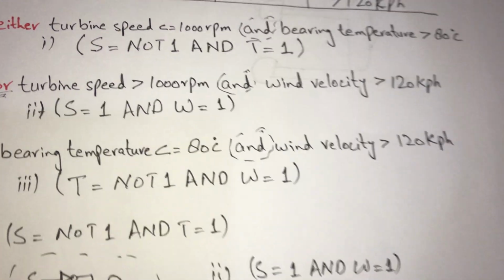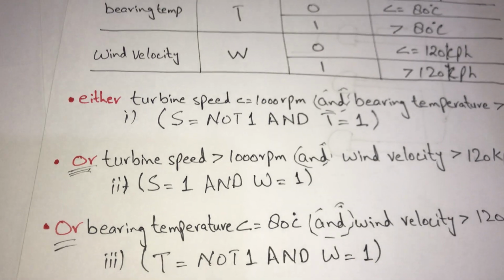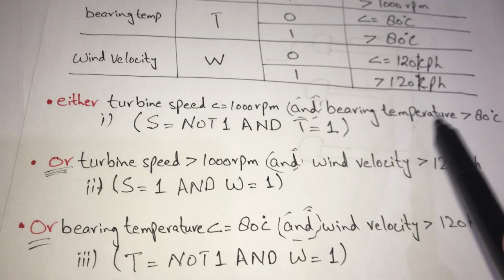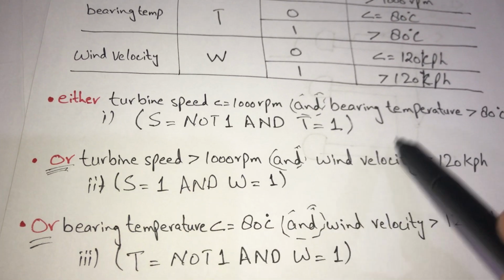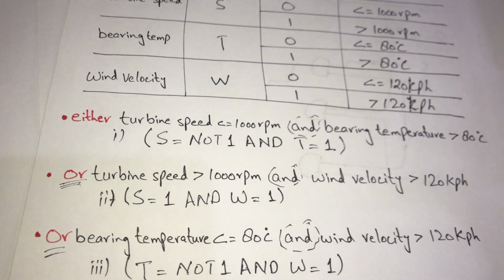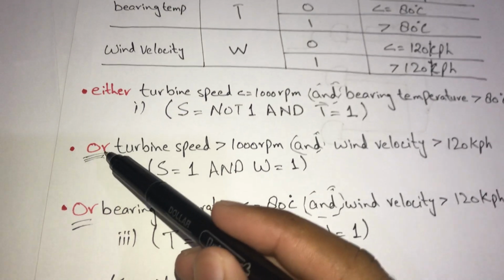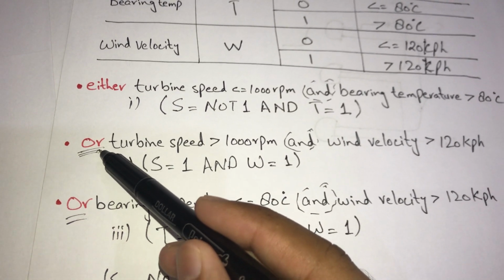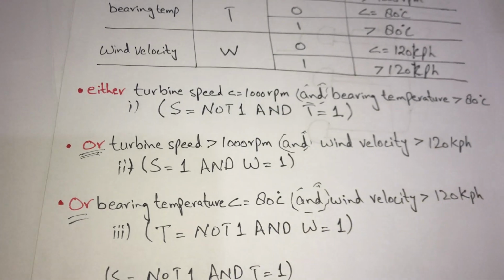Now coming back again towards the question, we have made the logic circuit of these statements. Now we have to combine all of these statements. The gates used over here are OR and OR.